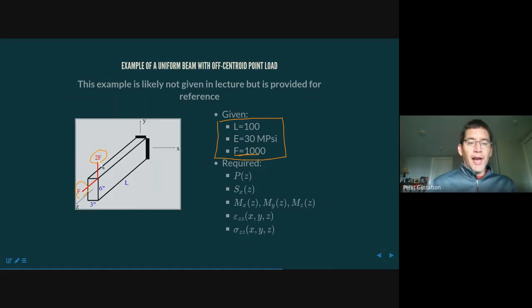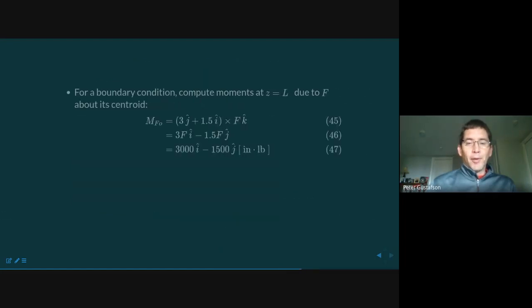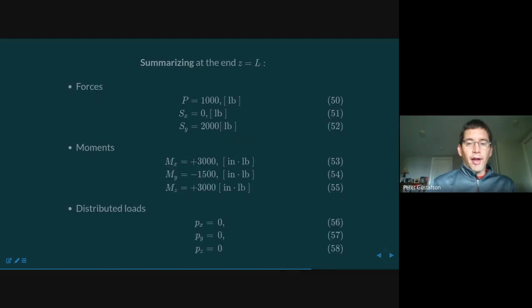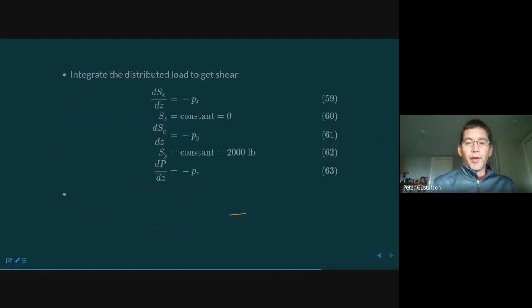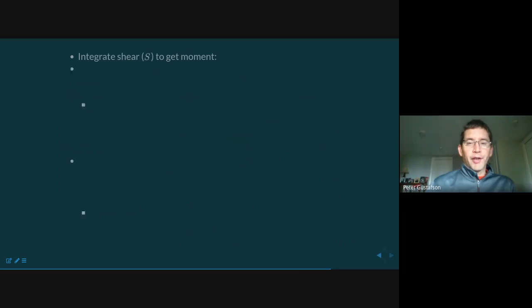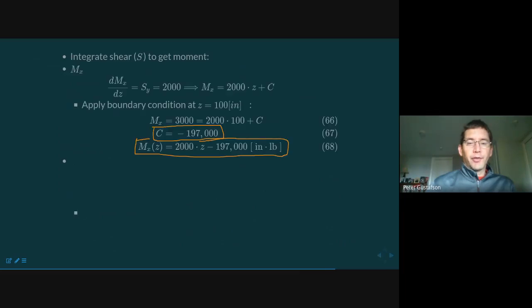That plus the diagram where we have 2F and F, two forces really, where they're scaled by this magnitude F equal to 1,000. And then from that, we computed the moments at the end. That's what these other slides were. And then we subsequently use those as boundary conditions in these slides.